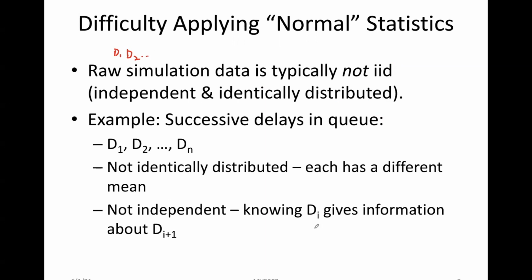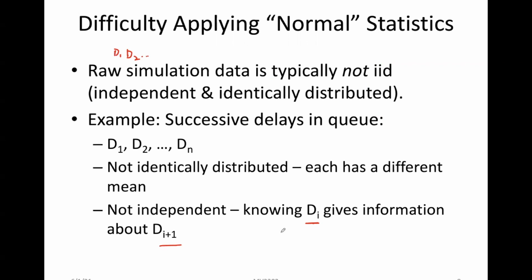Let's think about what's happening here. If I know the value of a particular customer's delay in queue, and let's say it's fairly large compared to some of the others, what about the next one? Does that give information about the next one?